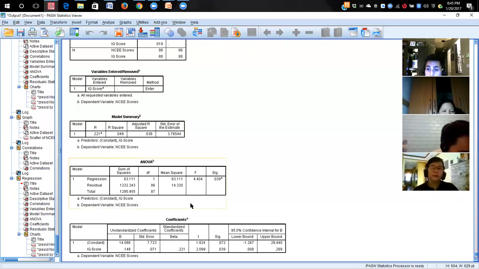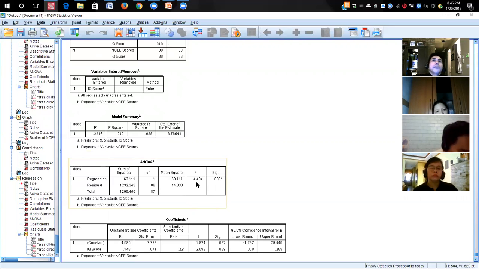Here's the ANOVA, which is an important part of our regression output on SPSS. It uses the F statistics, and the F statistic value is 4.404. For those of you who have statistics books, you will always look at the end part of the book.